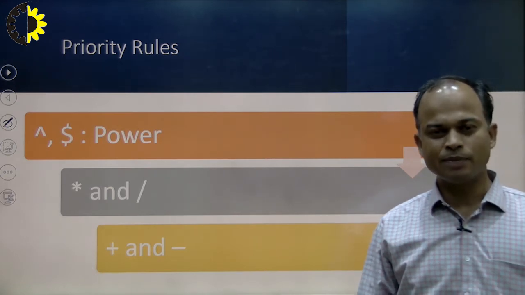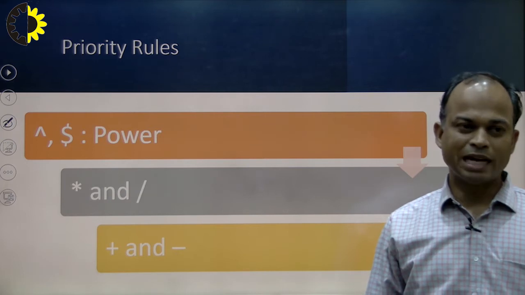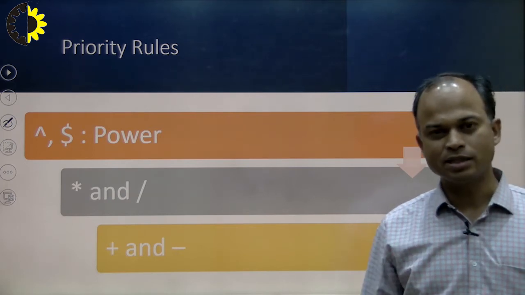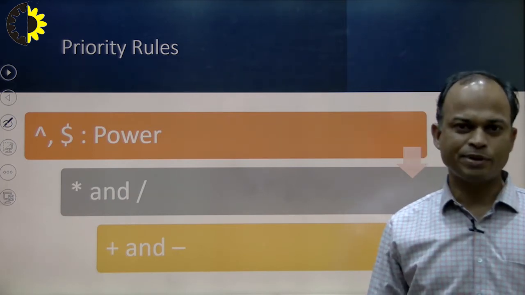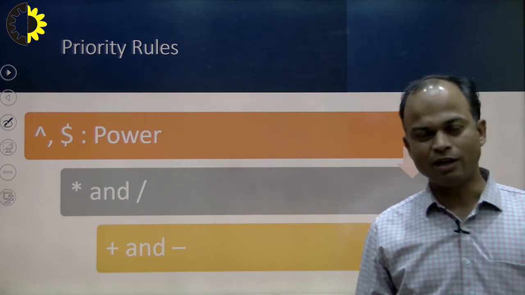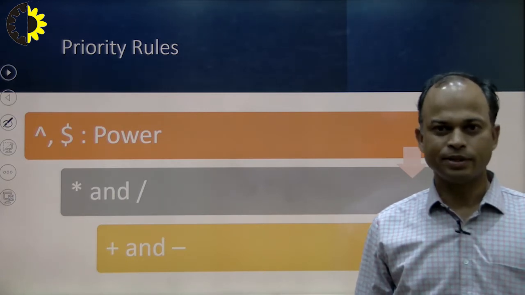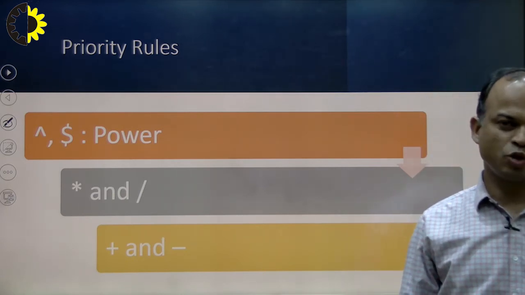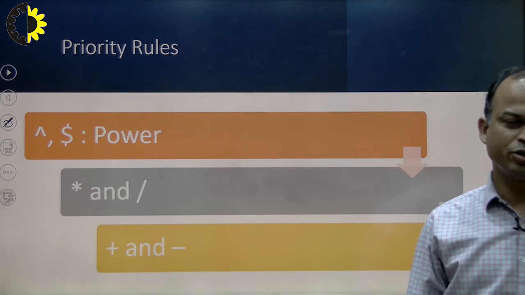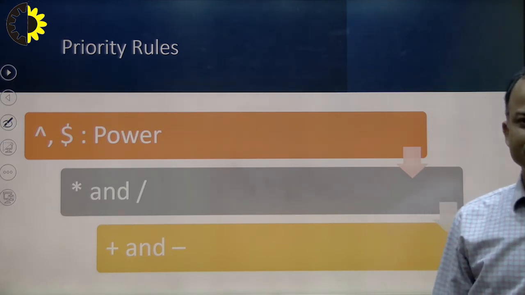In mathematics, we give higher priority to divide than multiply, but in computer science, we have the same priority for divide and multiply. The third and final priority is given to plus and minus. We are using these rules to convert one notation to another, and we are discussing conversions one by one.